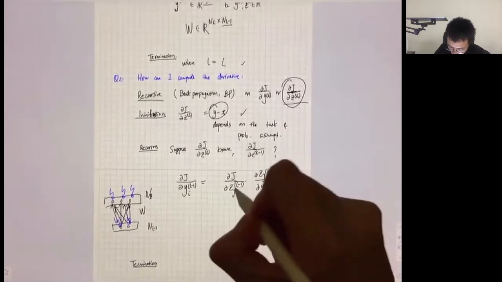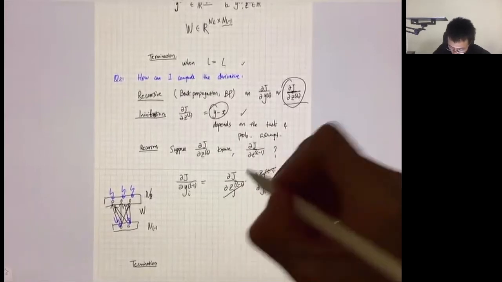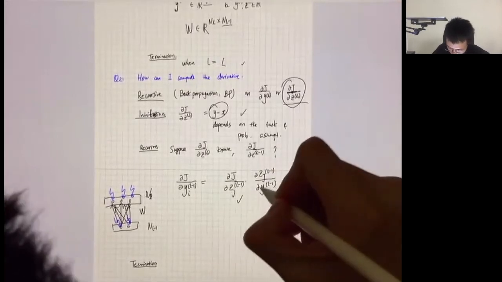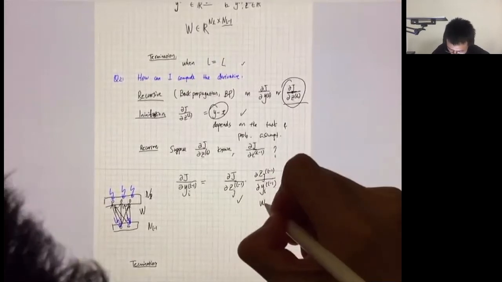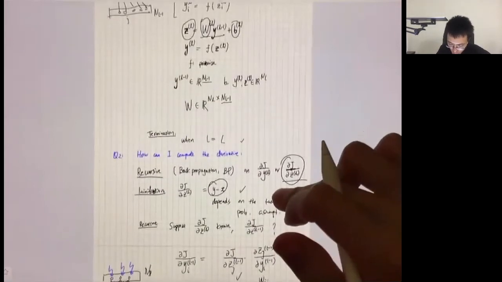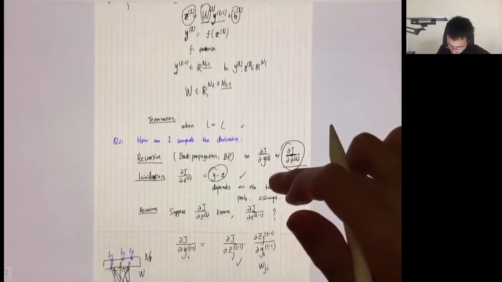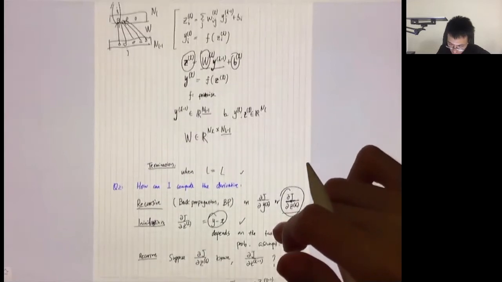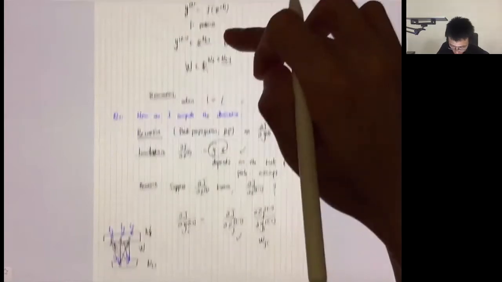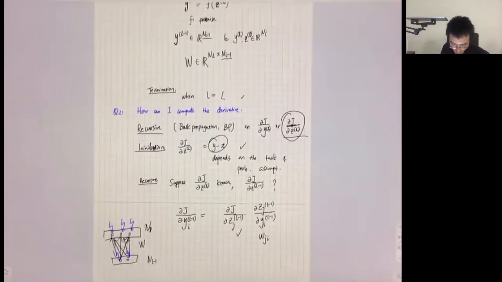Because it's the chain rule, you can cancel them out, and this is known, and this is the Wji, or Wij. It depends on whether your upper layer is i or the lower layer is i.